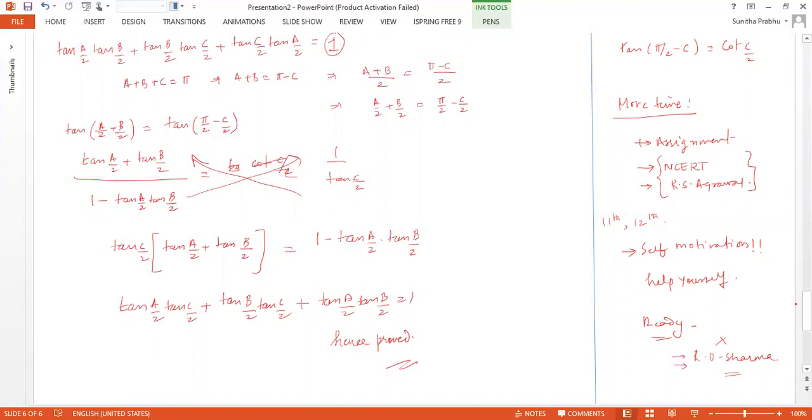IIT Advanced anyway, I'm not claiming to coach them. You will have to do much more. At a minimum, per topic, you should clock 100 numericals. Every topic that I teach, your practice should be minimum 100 numericals. That means you're doing justice. So if you're finding time to do Netflix and some other nonsense, then you know you're not doing your job.